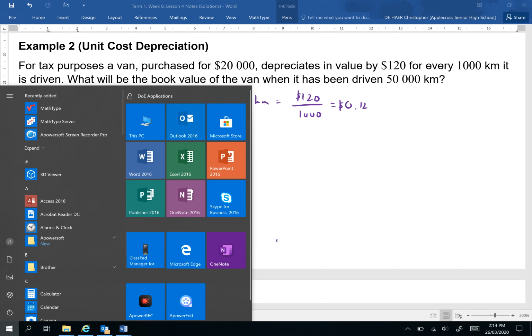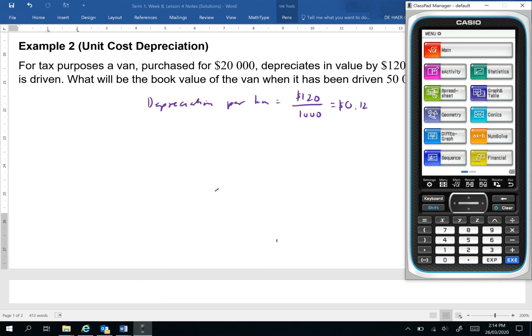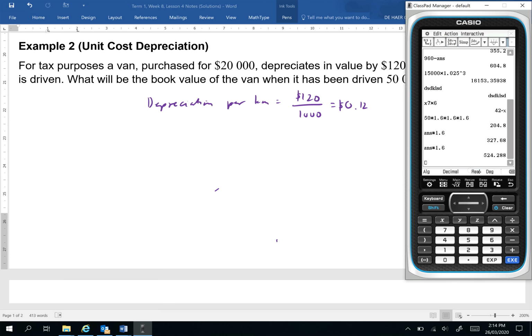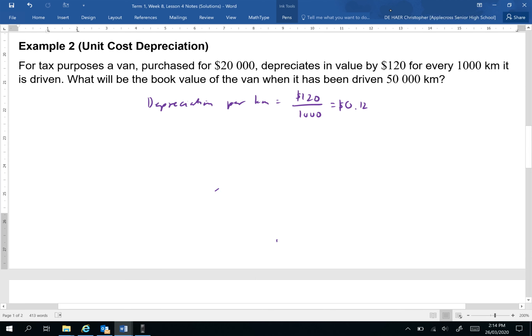Now, getting our class pad out, we can go a bit further. What will be the book value of the van when it's been driven 50,000 kilometres? What's happening here is we're going to start off with the purchase price of 20,000, but the vehicle loses 12 cents per kilometre.